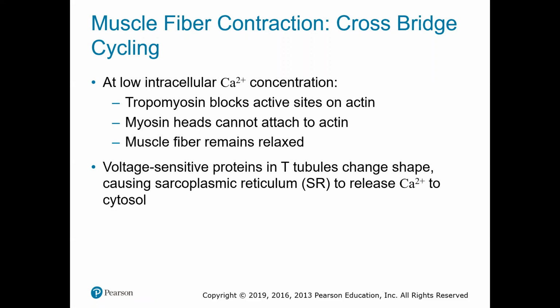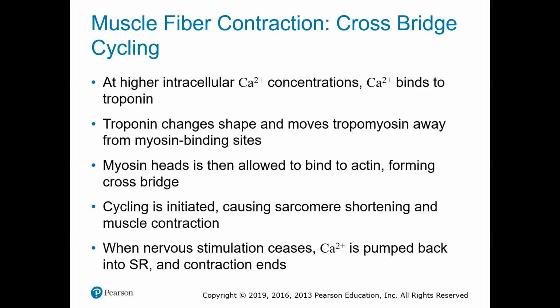The T tubules release calcium that floods the sarcomere. Every sarcomere is flooded with calcium. Calcium binds to troponin, and when it binds to troponin, it causes the troponin to roll over. When it rolls over, it drags the tropomyosin with it because the troponin is attached to the tropomyosin, and that exposes the binding sites.